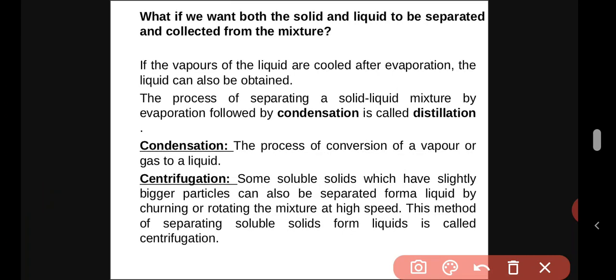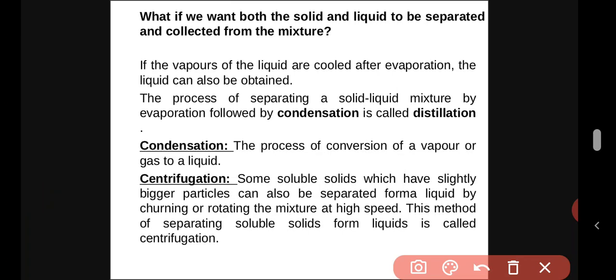So even in our local area or our native place, basically on the village side, to prepare cream or butter, we use this process. So please ask your parents how, in ancient times, our grandparents or ancestors used to prepare this butter or cream with the help of centrifugation.